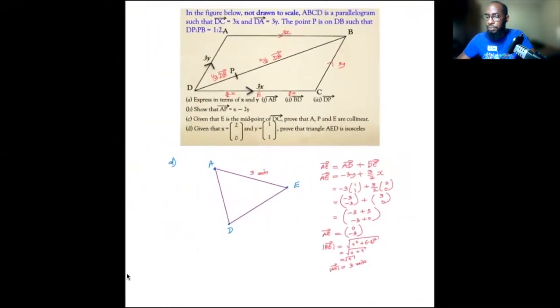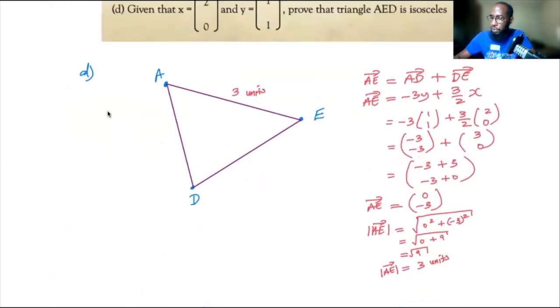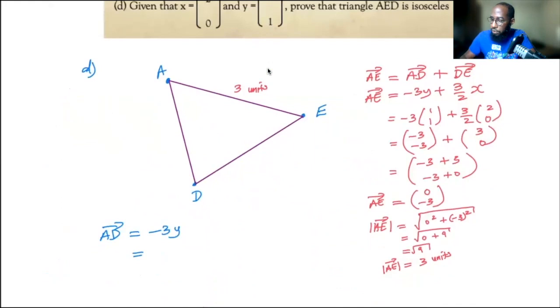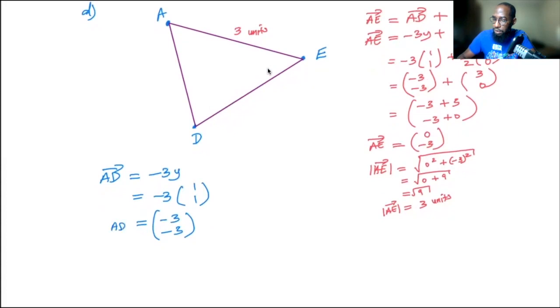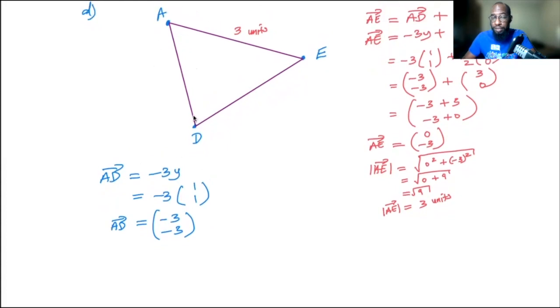AD is equal to negative 3y, opposite in direction. And remember, y is equal to 1, 1. So it's negative 3 times 1, 1, which is equal to negative 3, negative 3. That is AD.